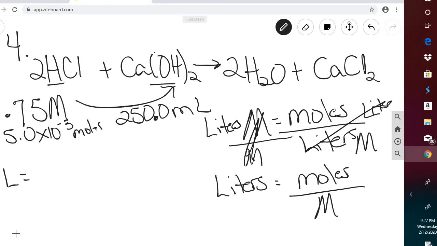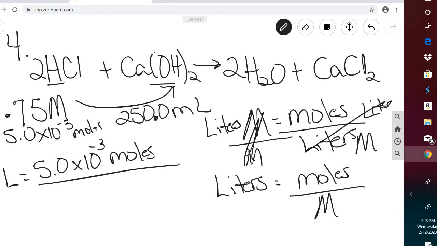Liters, the number of moles was 5.0 times 10 to the negative 3 moles. And the molarity was 0.75 molar, which is the same as moles over liters.